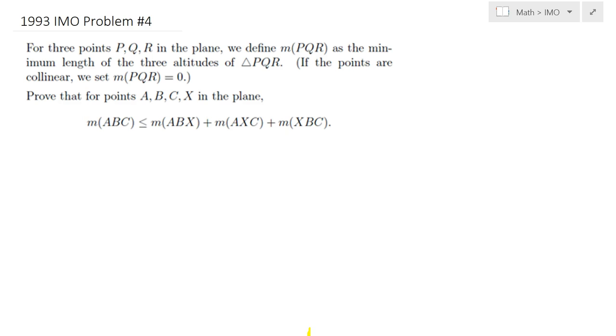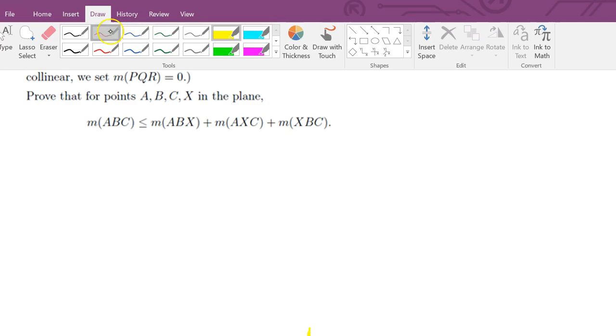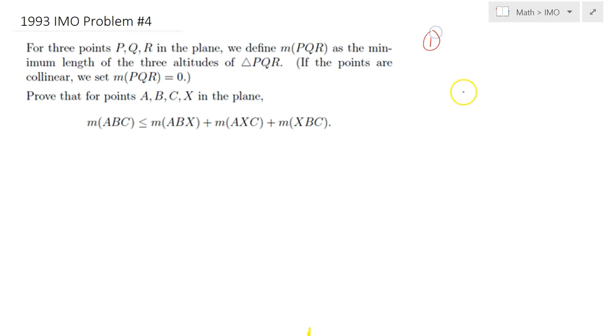For this, after working out a few examples, one would recognize there are basically 3 cases. The first case would be where you have a triangle ABC and X happens to be inside that triangle, and you would have to compare the shortest altitude of triangle ABC with that of the shortest altitude of XBC and the others, ABX and ACX.